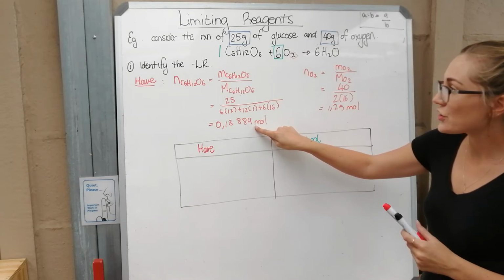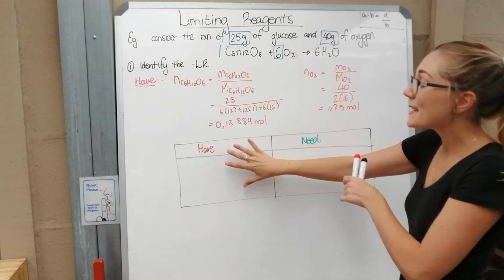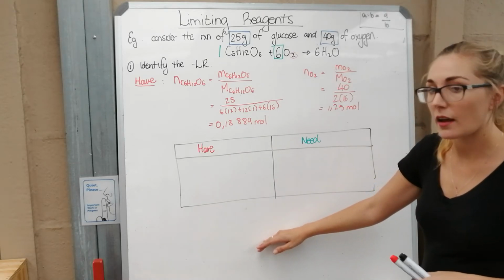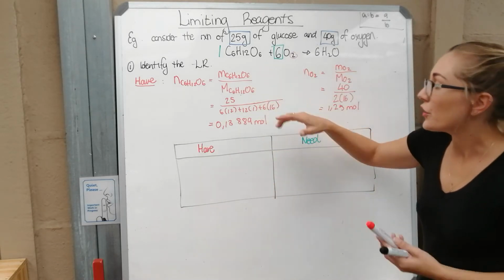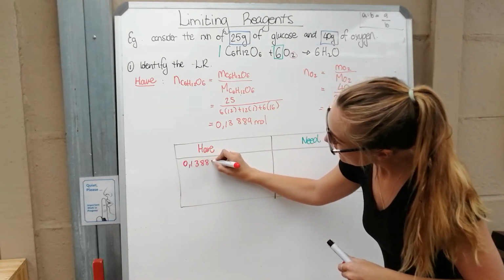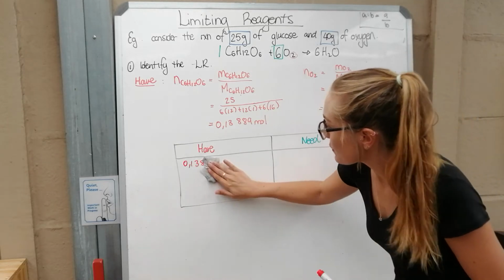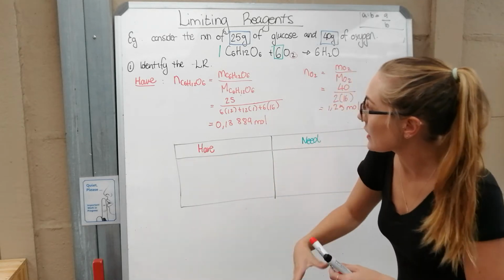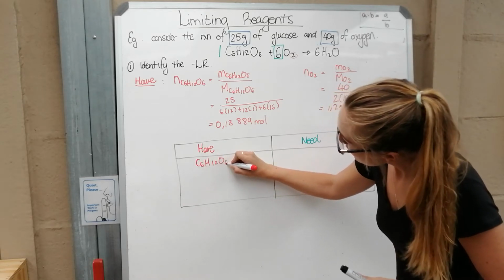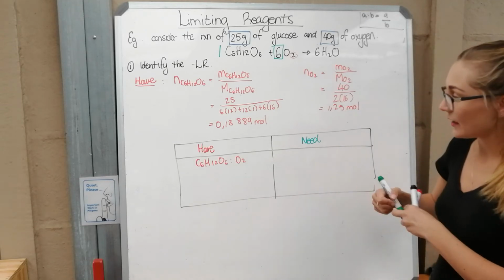It's actually up to you, if you did oxygen before glucose, your table will look different, but your answer at the end will be the same. So I'm doing glucose first, and then oxygen, in the same order here.